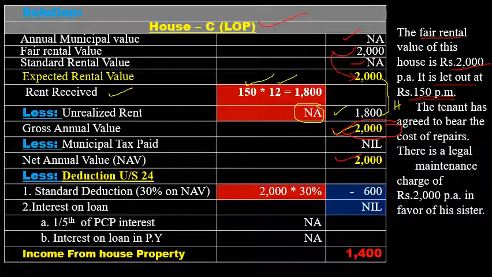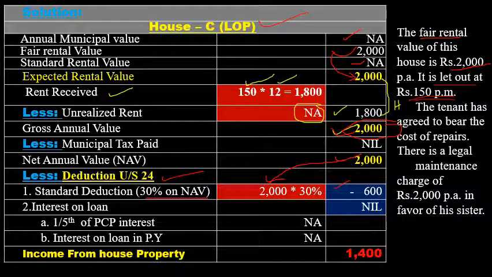Next comes deduction under section 24. Again, there are two deductions applicable for let out property. One is the standard deduction and another is the interest on loan. The standard deduction is always 30% on net annual value. Net annual value was rupees 2,000. So 2,000 into 30%, 600 is the standard deduction.